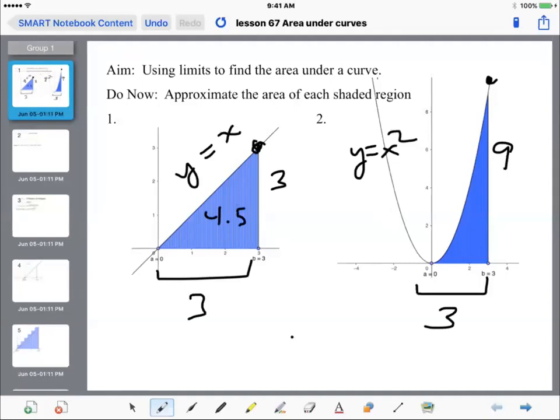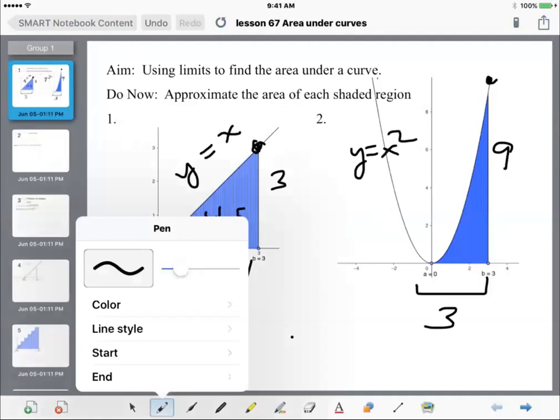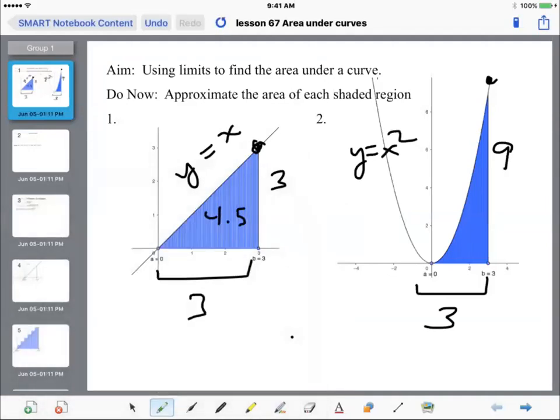Good observation that if I actually joined these 2 points, well, this green triangle would have an area of 13.5. So this blue region is somewhat less than 13.5. But how much less than 13.5?